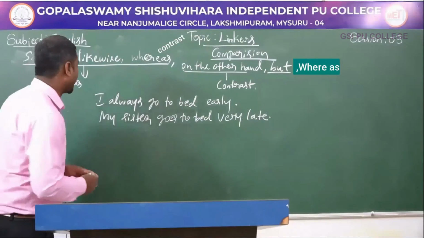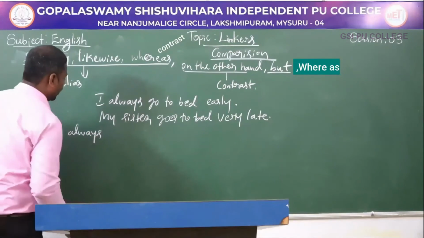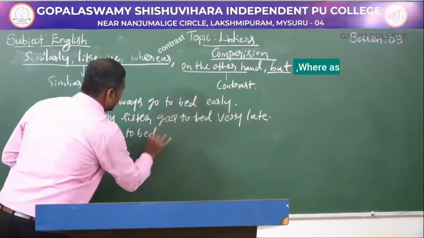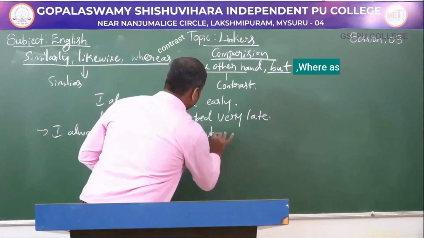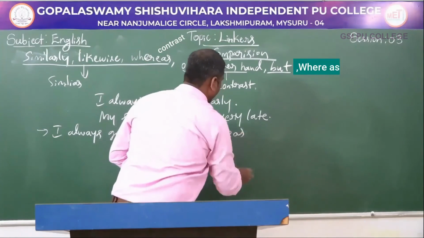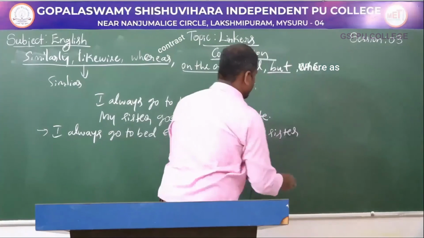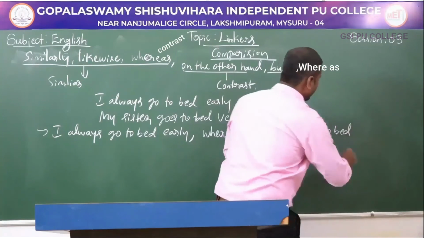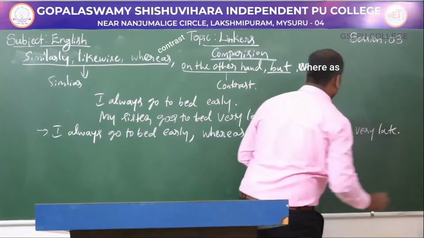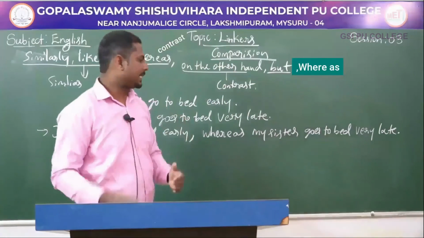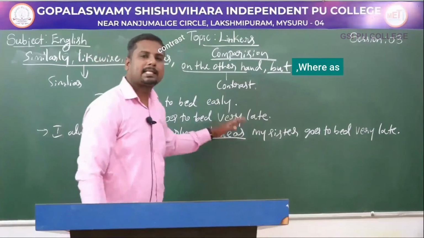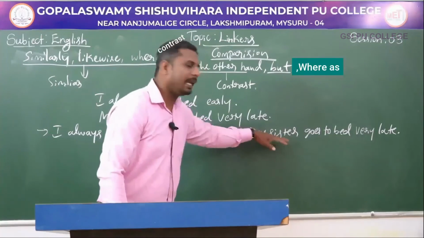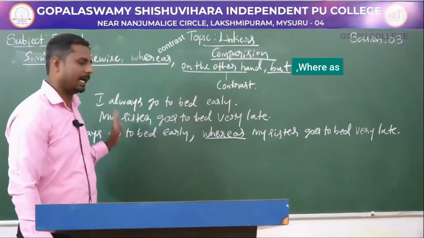Now let us see one sentence example. I always go to bed early, comma, whereas my sister goes to bed very late. So here you can see the phrase whereas makes comparison between these two contrast ideas.